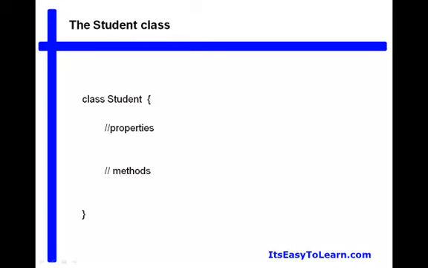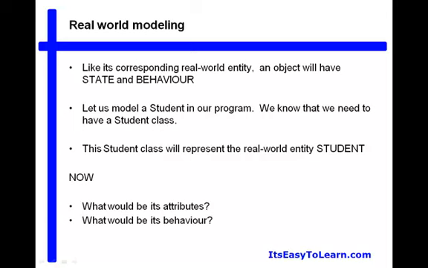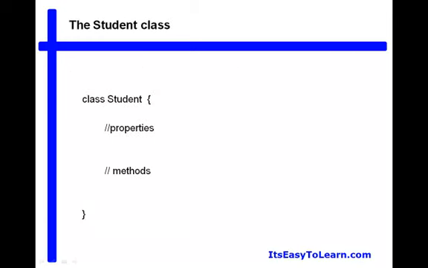The class student is made up of properties and methods. The attributes for the real world entity which we are modeling in our program, in this case the student, would be the properties of the student, and the behavior would correspond to the methods.